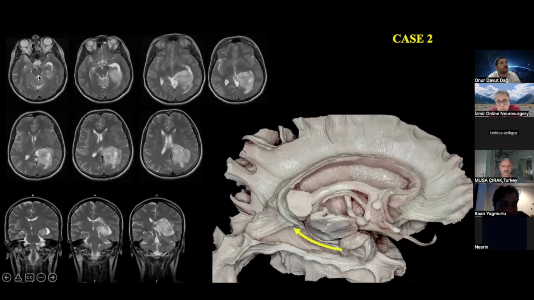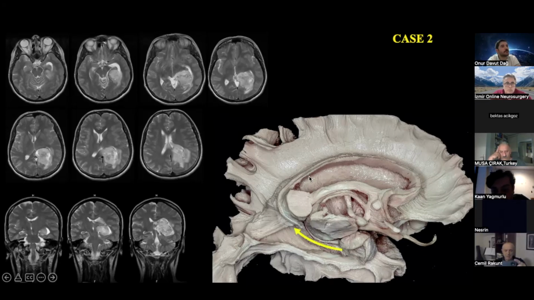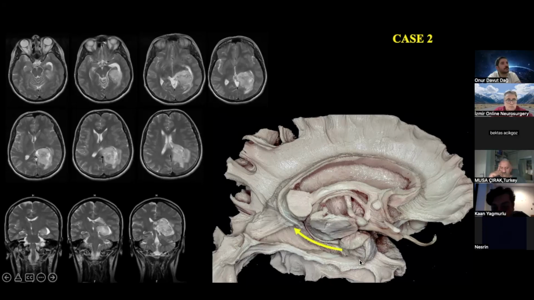And this lesion originated from the hippocampus and travels back, along the extension of the dentate gyrus, which is the induseum griseum here. So there are two options: either it stays this way and goes inside the ventricle by the fornix, or if the lesion is located in the parahippocampus, it travels backward and goes up.